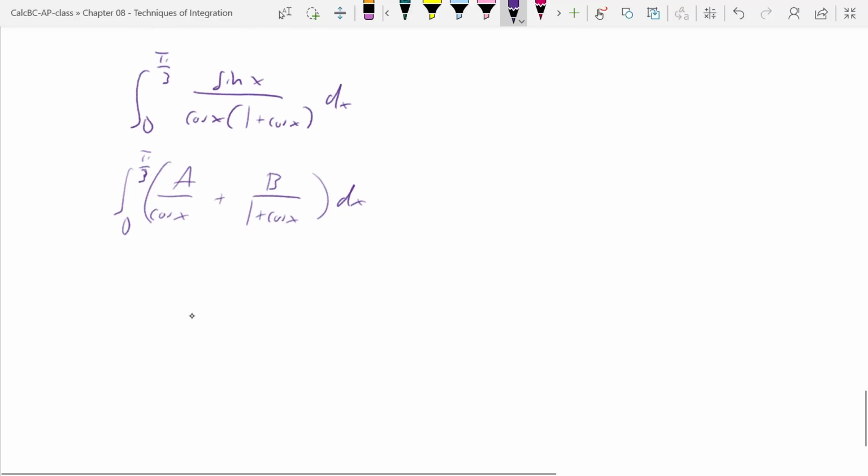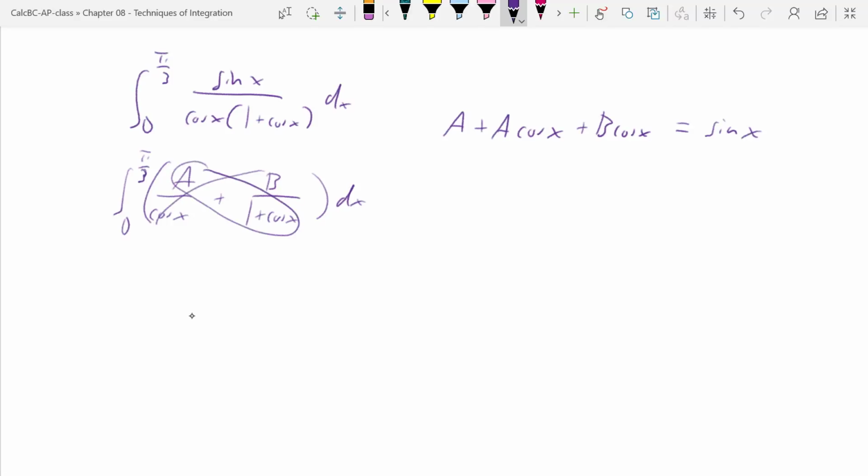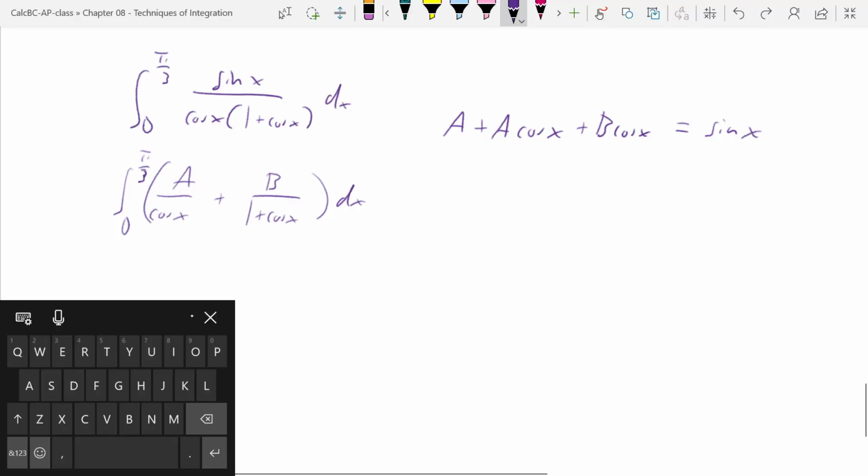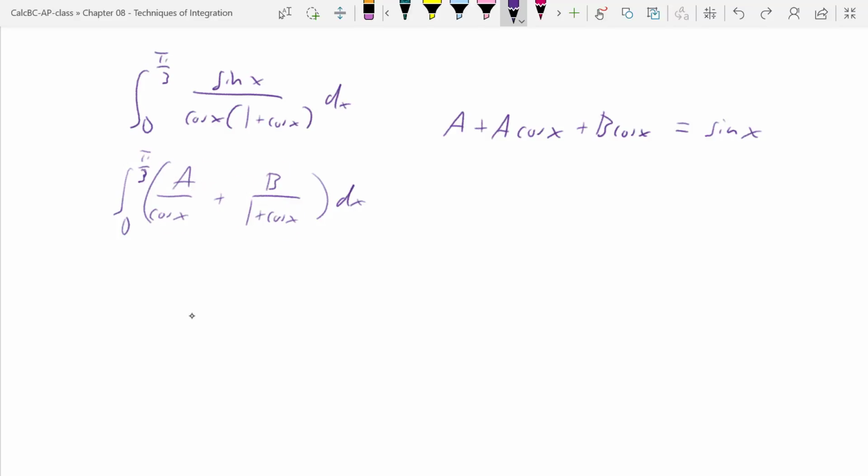Okay, so if I multiply this back out, I'm just going to do this work off to the side. I get a plus a cosine x plus b cosine x, and I want that to be equal to the sine of x. Again, I got those from multiplying this and playing like I was going to add those fractions back up.